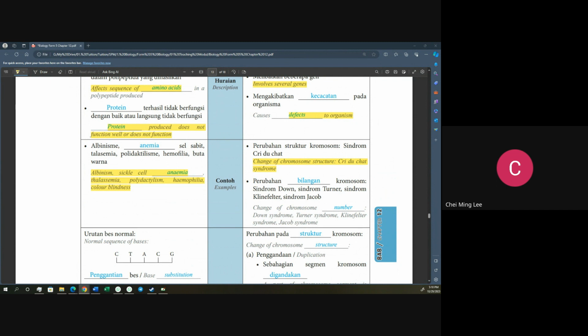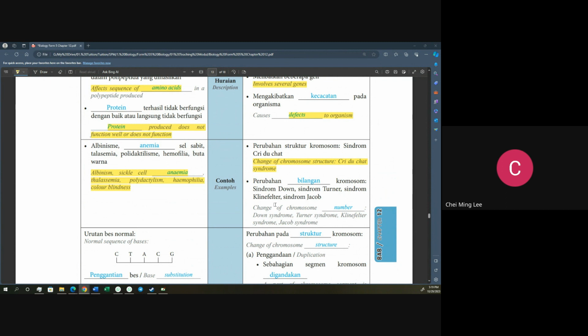For example, the jaw is very small, the head is very small, and they normally have mental retardation. Also the eyes have some problems, like slanting eyes. Normally it's due to chromosome 5. I think it's chromosome 5. There is a missing piece of chromosome 5, which causes Cri-du-Chat syndrome.